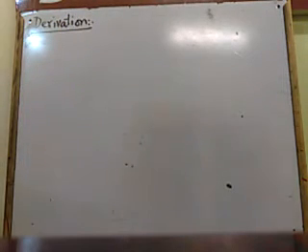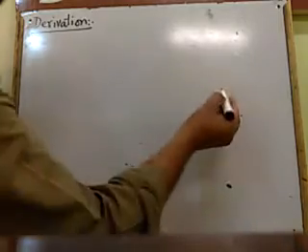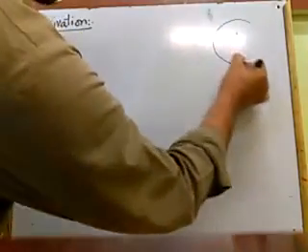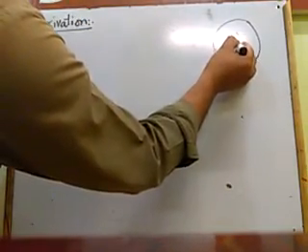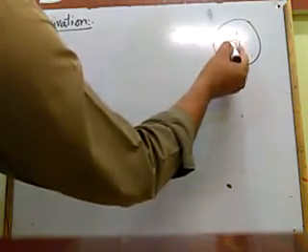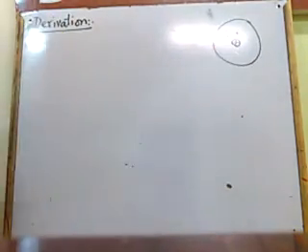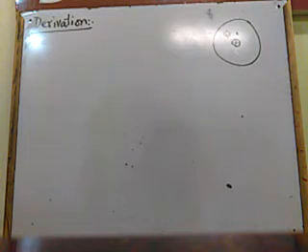For the derivation of the mathematical form of Gauss's law, let us consider a closed surface like a sphere which encloses any charge q at its center.